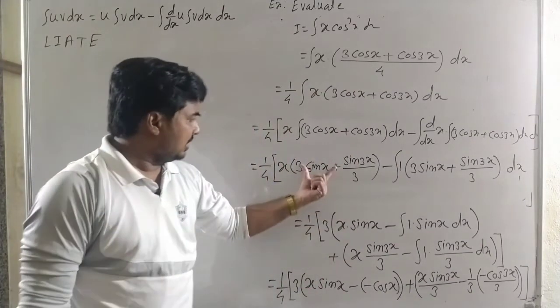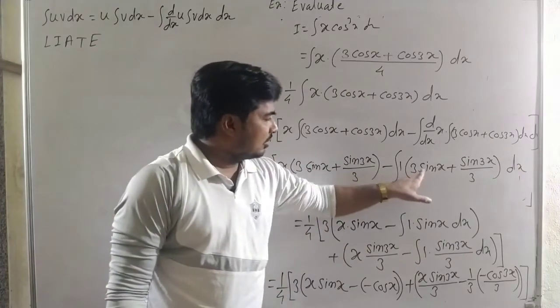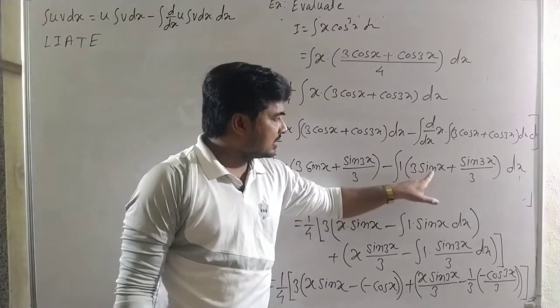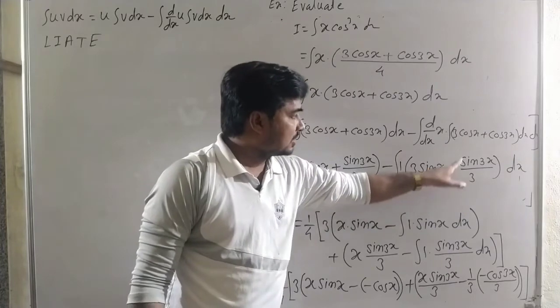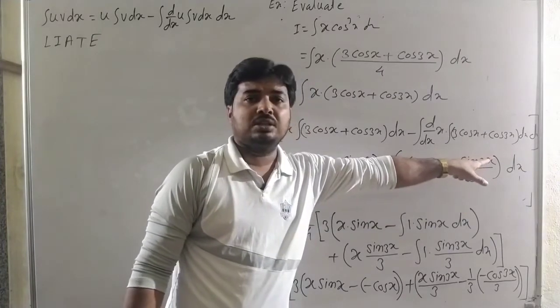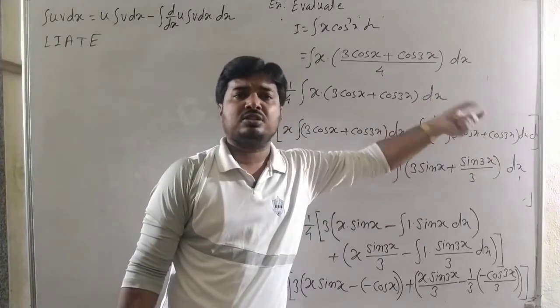Here in this one step, minus the integral of 3 sin x is minus 3 cos x, and plus 1 by 3, and the integral of sin 3x is minus cos 3x upon 3.